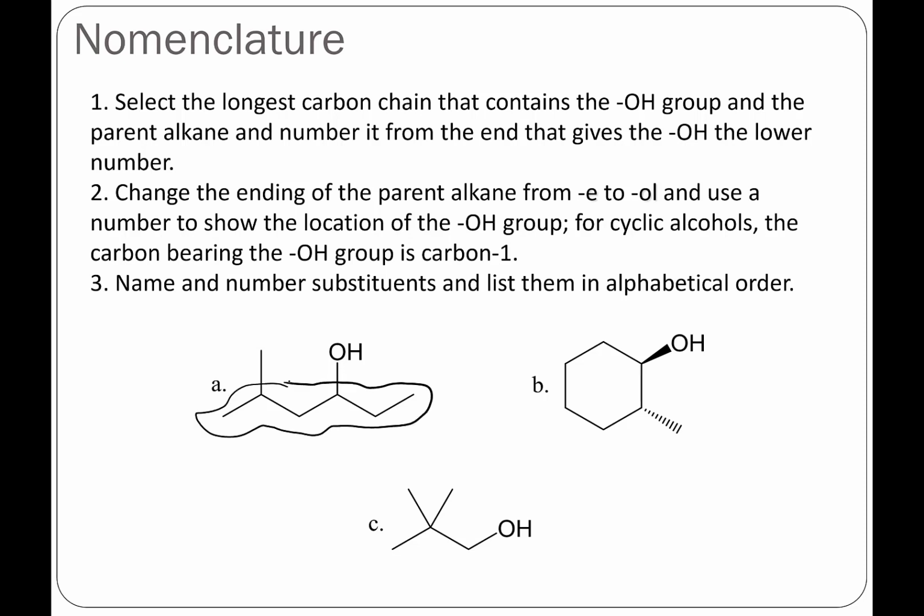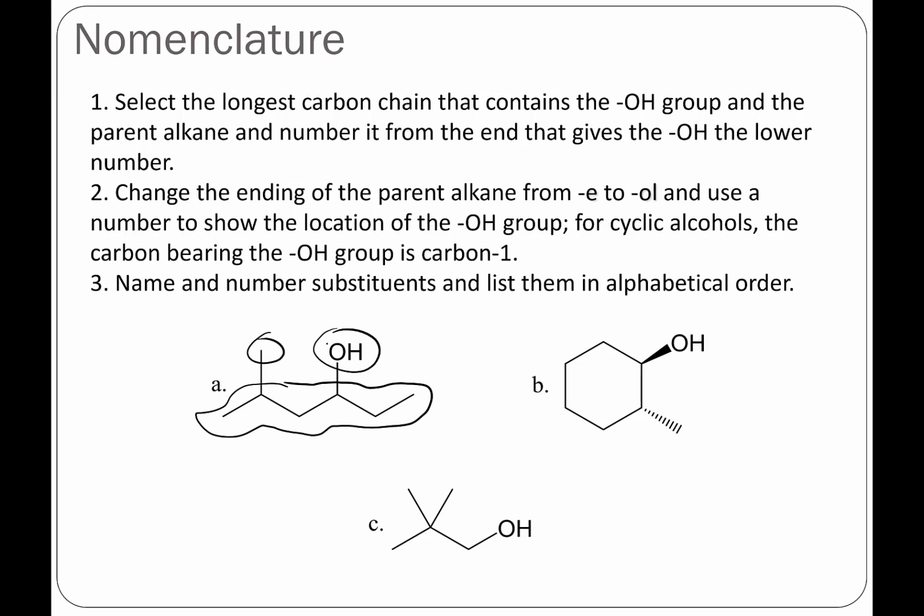The longest continuous chain is 6 here. Now, the substituents are one we've seen a lot, a methyl group, and that OH group, which if it were named as a substituent would be a hydroxy group, but it's not a substituent. It's what's designating this compound as an alcohol.